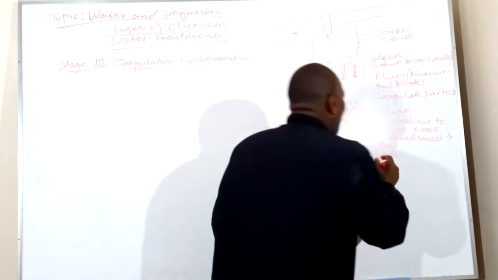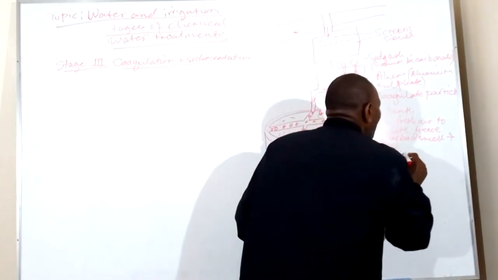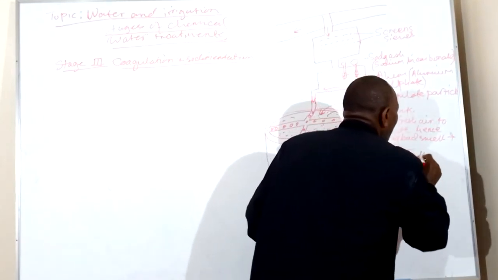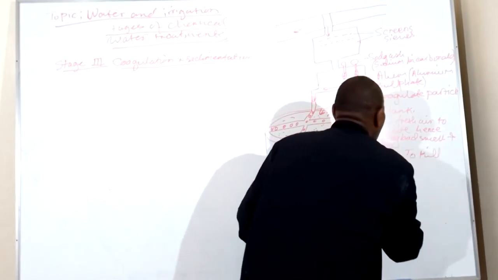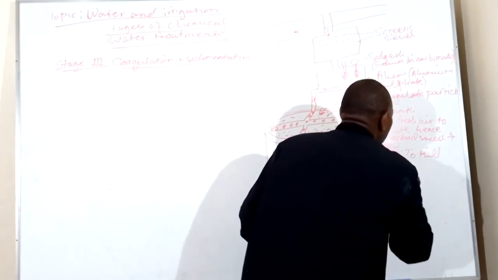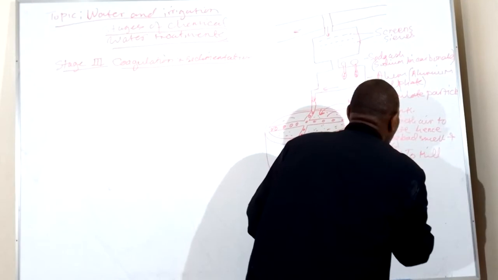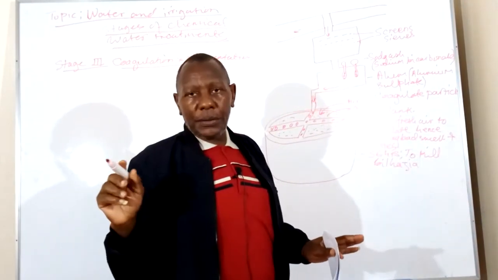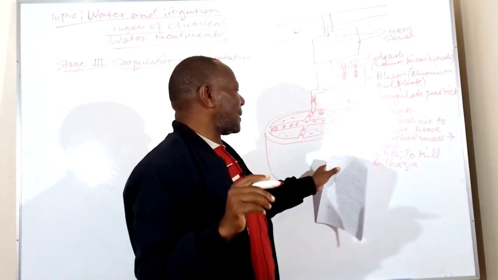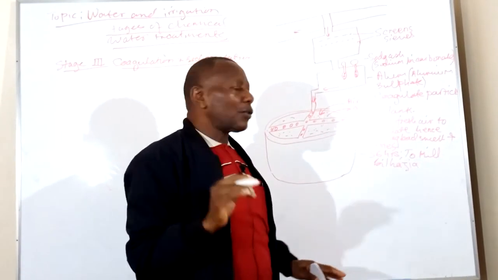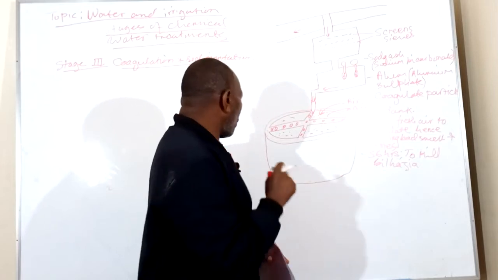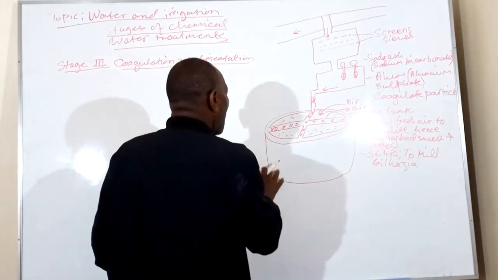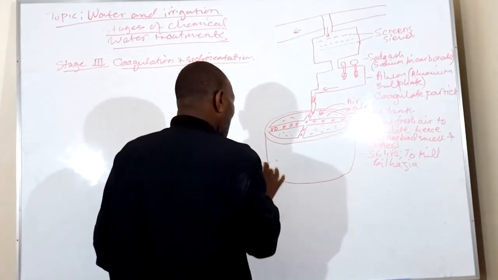So it is stored for 36 hours to kill Bilharzia. Bilharzia causing organisms are also known as flukeworms. So they are eliminated at this level. And after about 36 hours, this water is now allowed to flow out of the tank.